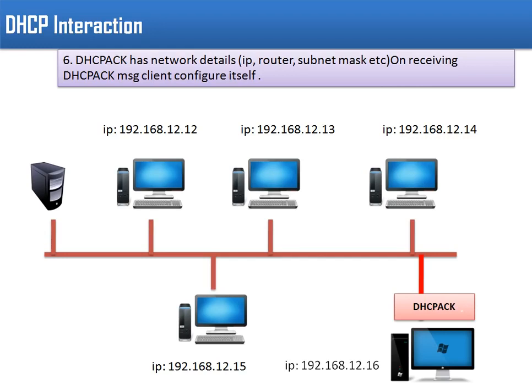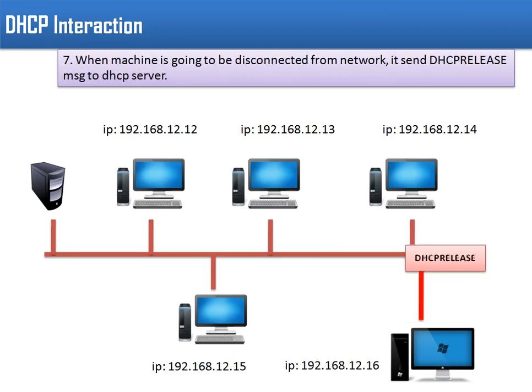Once its work is done, when it is about to disconnect, this node will send a DHCP release packet to this server. When the server receives a DHCP release packet, it will mark that entry which it had previously created as available. This IP address is available.